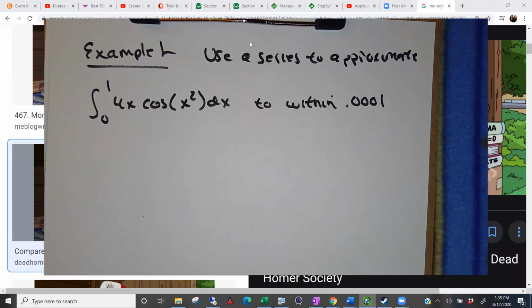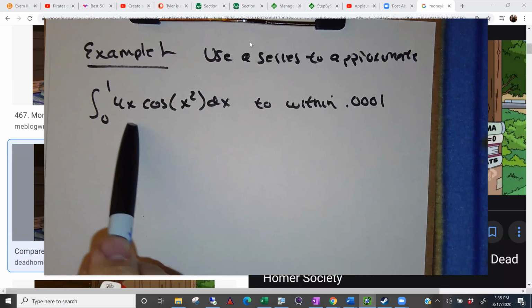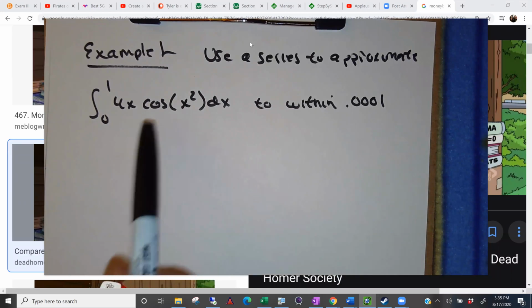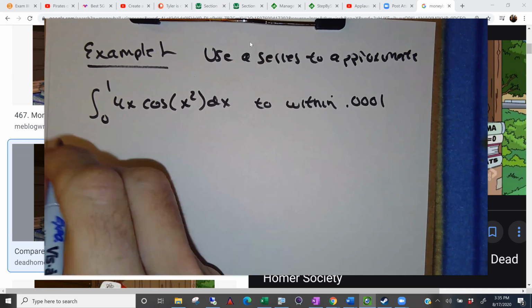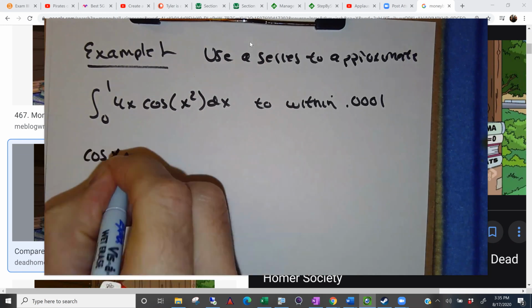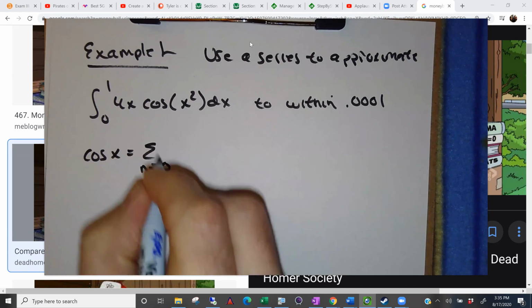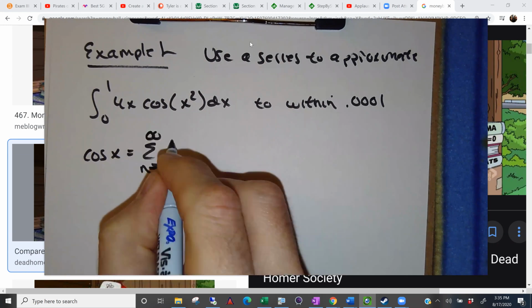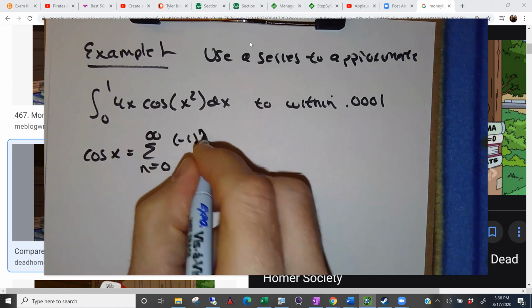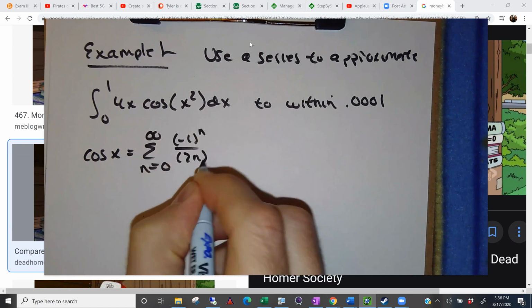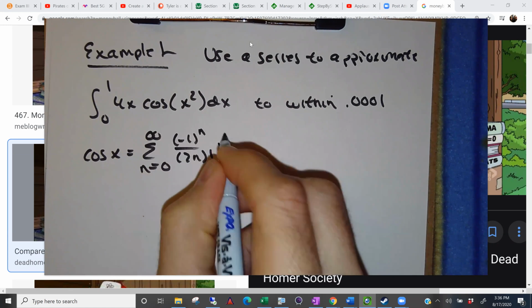That's all right. So what we're going to do here is we're going to do this with series. Let's start out with the reminder. Cosine of x is the sum from n equals 0 to infinity of -1 to the n over 2n factorial times x to the 2n.